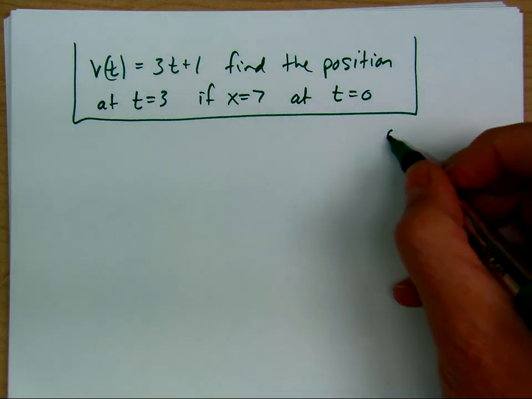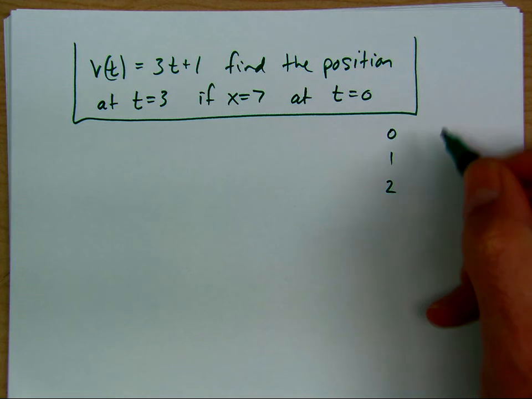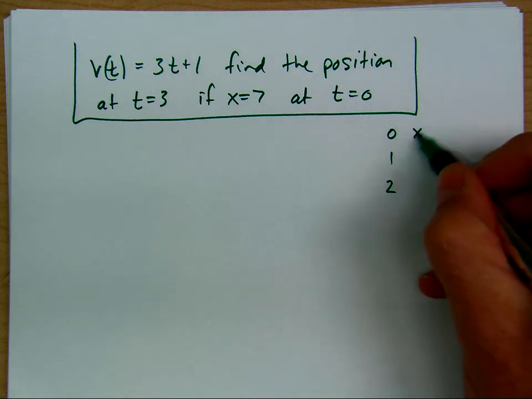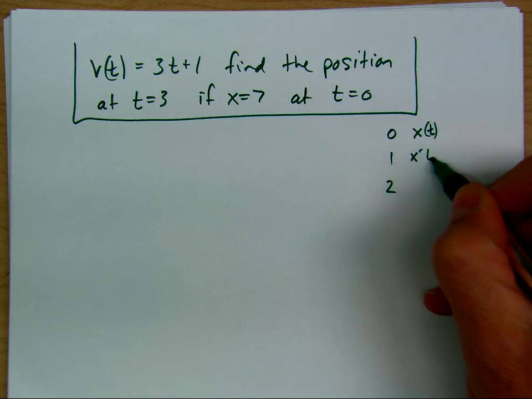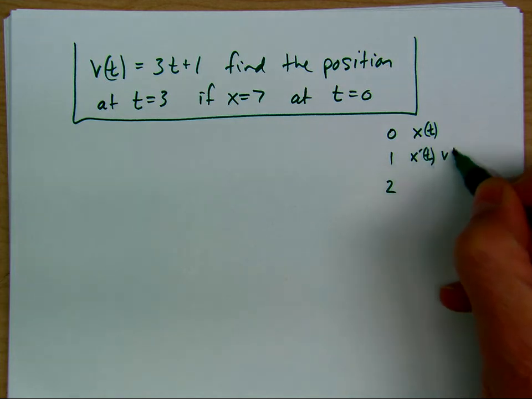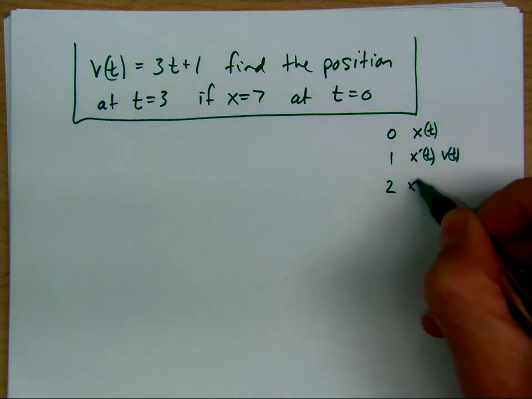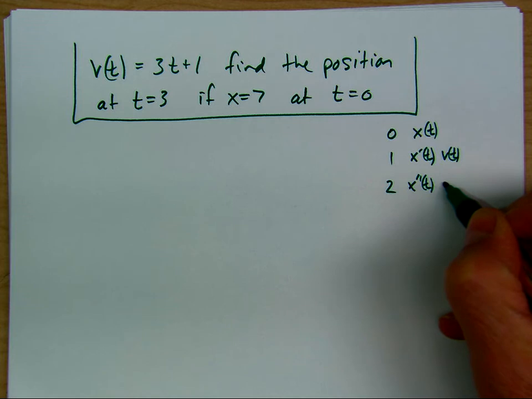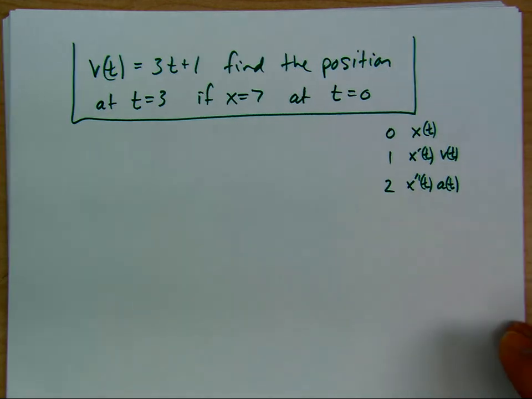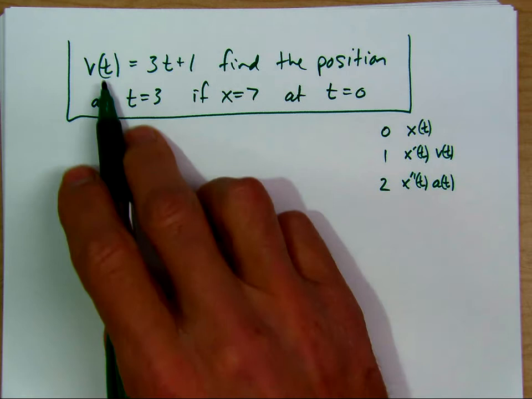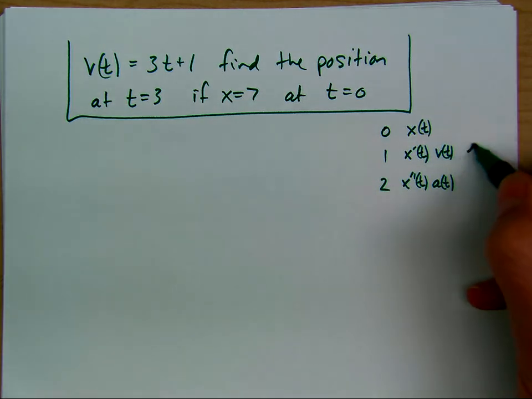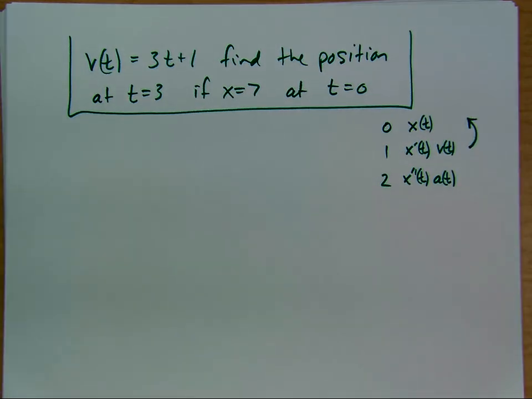Also, let's look at this with the levels of rates, and we would say that x is the position function, x prime is the velocity, that's also v, and then x double prime is acceleration. So we're just considering the different notations. We're starting with velocity, and we're moving up to position. So we know we need an antiderivative.